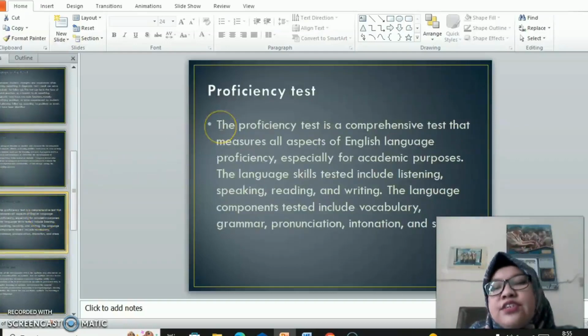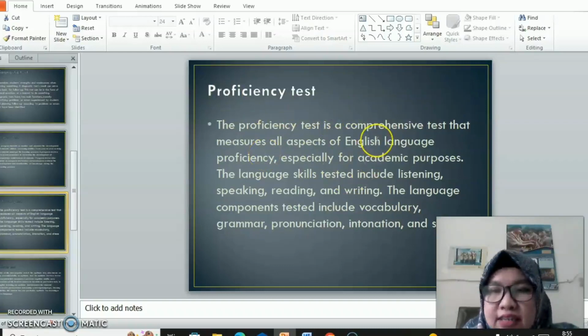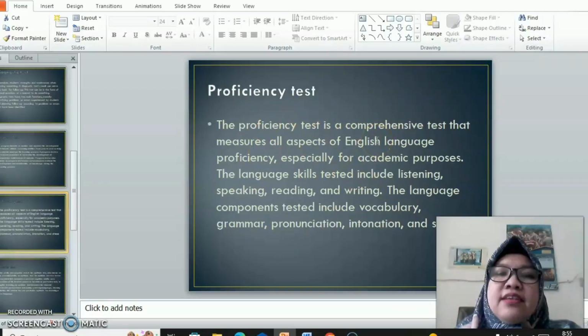Okay, the next term of language testing that you will discuss further is proficiency test. Different from achievement test, proficiency test is a comprehensive test that measures all aspects of English language proficiency, especially for academic purposes.